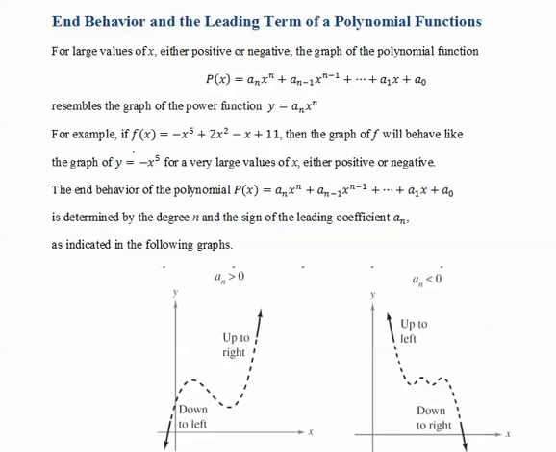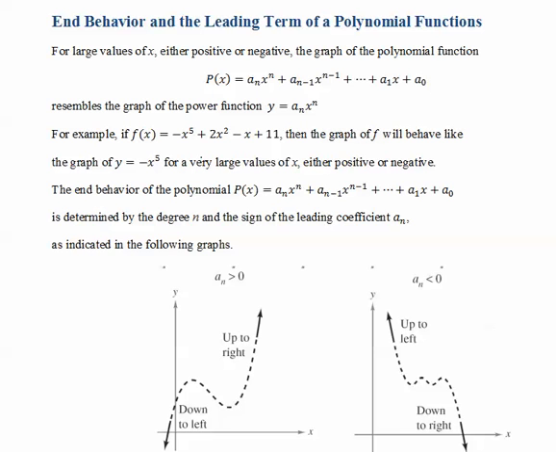For example, if you have the function negative x to the fifth plus 2x squared minus x plus 11, then the graph of f will behave like y equals negative x to the fifth for a very large value of x.